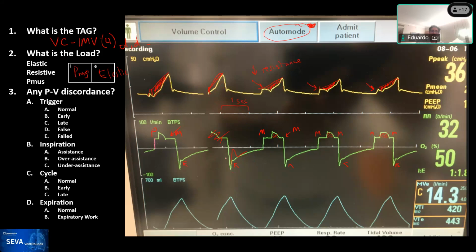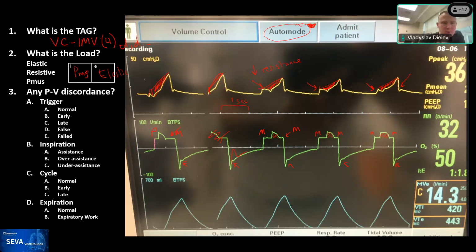But when they're that tiny, like these ones that you see here, usually it's an artifact of, as we depressurize, the ventilator trying to keep the pressure at the PEEP level, and you're going to see these little tiny notches. If they're repetitive, always at the same time, and without clear evidence of PMOS at the end of the breath, like you see on this breath, there's no PMOS at the end of the breath, but you still see it, that would be consistent with an artifact. So I hope that helps.